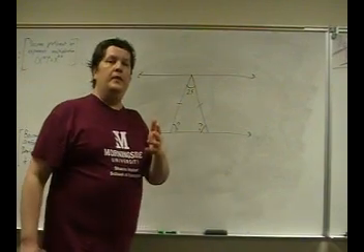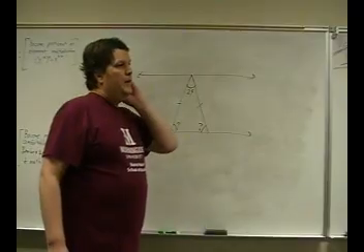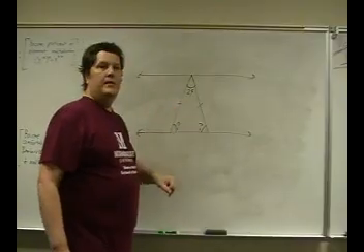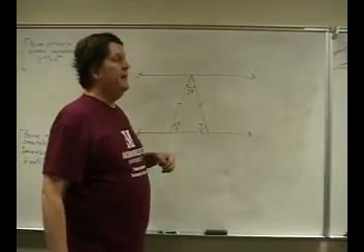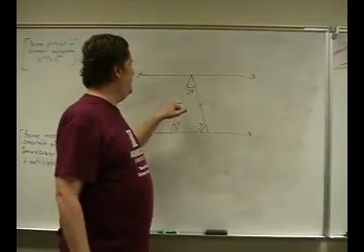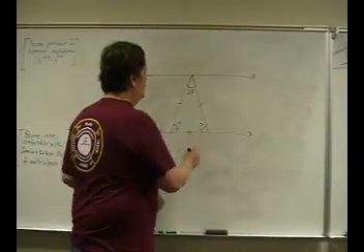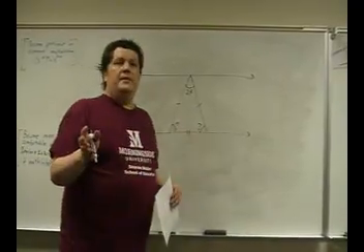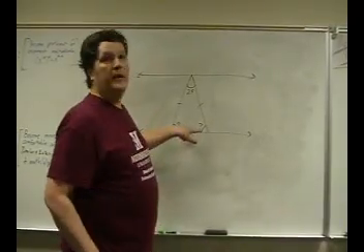We know that the two angles are equal to one another because of how they're notated. But what else do we know about this? Based on our definitions from earlier in the video, this is going to be an isosceles triangle. So it has two sides equal to one another, and the third side is whatever. But we know that these two angles are equal to one another.